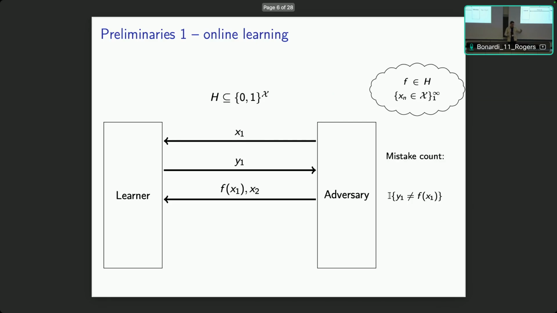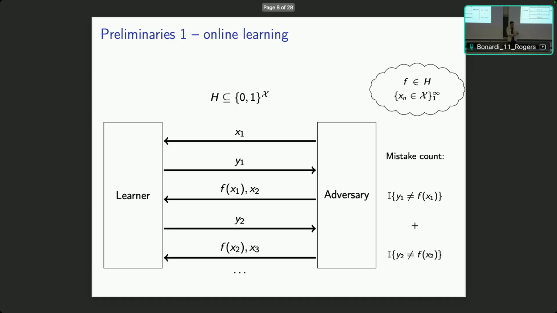Then the adversary reveals what the true label actually was and gives it another unlabeled data point to predict on. In the event that the learner's prediction was incorrect, it incurs a mistake. Then the learner gets a new unlabeled data point, makes another prediction, possibly incurs another error, and so on and so forth. The mistake count of the learner is just the total number of incorrect predictions that it makes on this sequence of unlabeled data points.